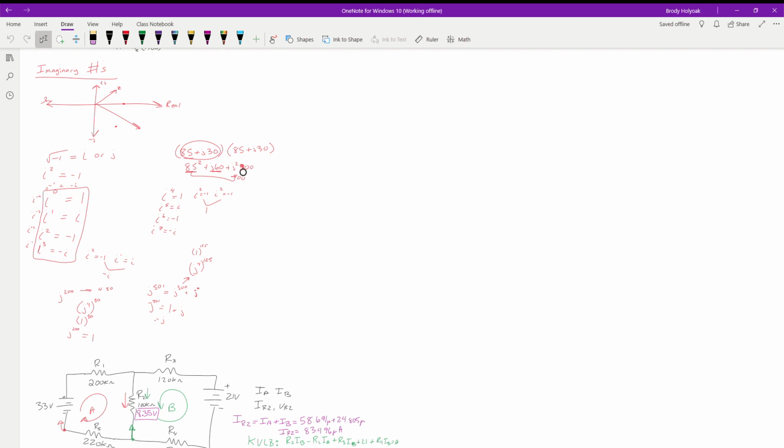So J times J is J squared, right? Well, what is the J squared in imaginary values? -1. So then this value becomes a -900. The J goes away. And then we still have two real numbers that we have to combine together. So the simplest form is we want to get it down to where we have one real value, one imaginary number. That's it.